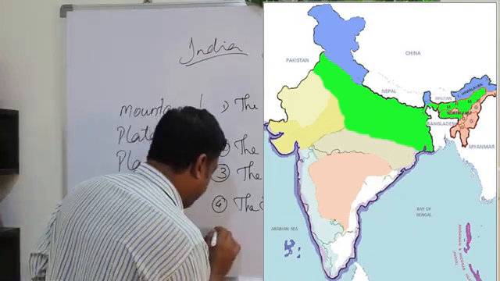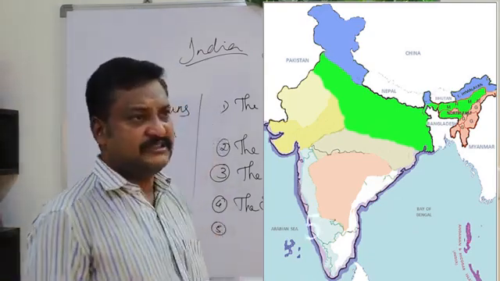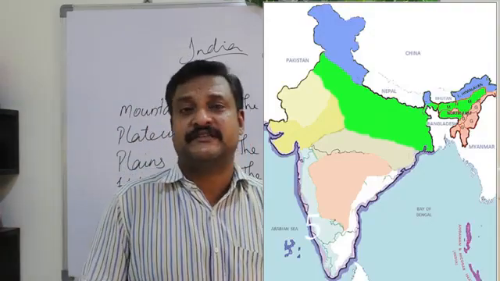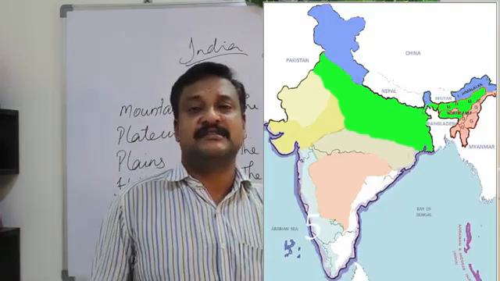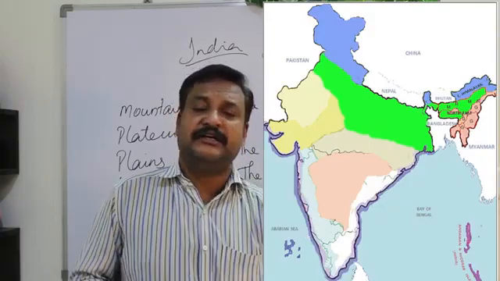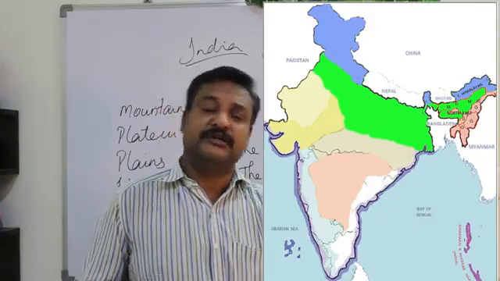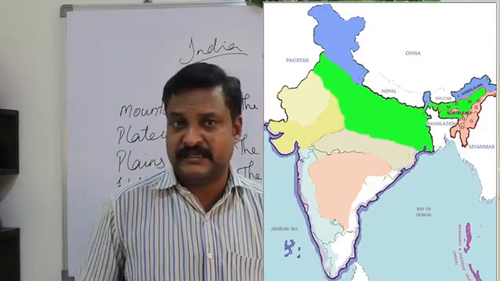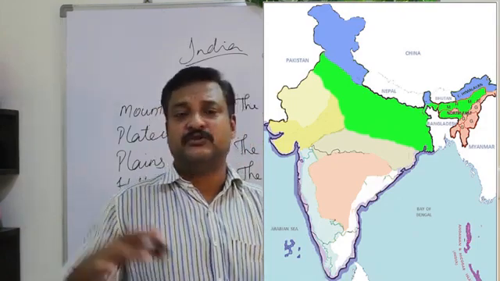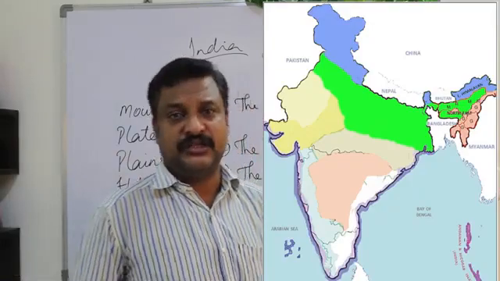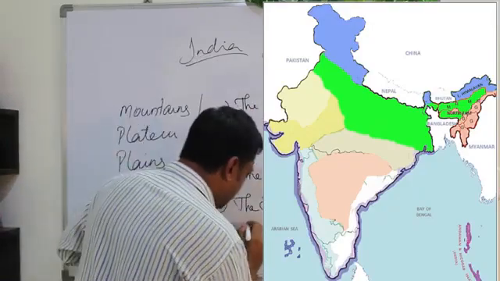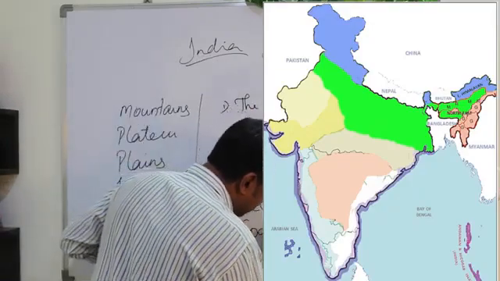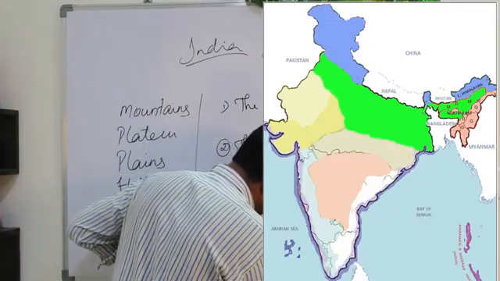Now, the fifth one: when we checked the boundaries, on the eastern side we have the Bay of Bengal, in southern India the Indian Ocean, and in the west the Arabian Sea. So these two seas and the ocean give us a very long coastal plain.